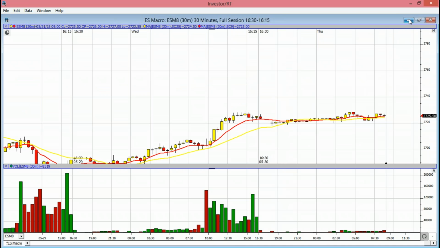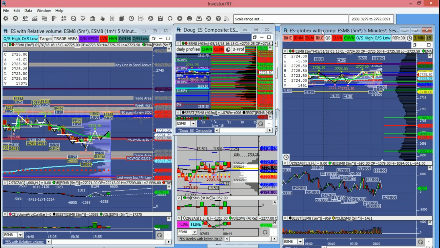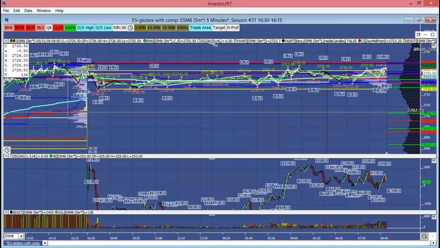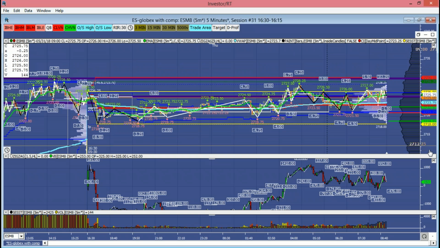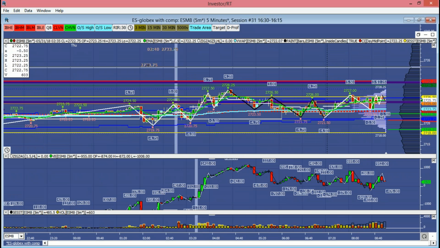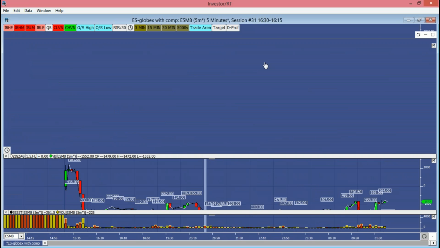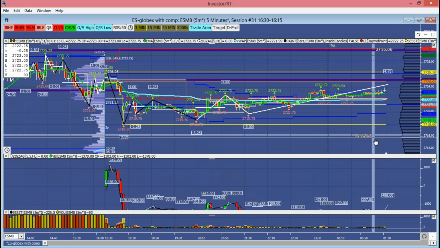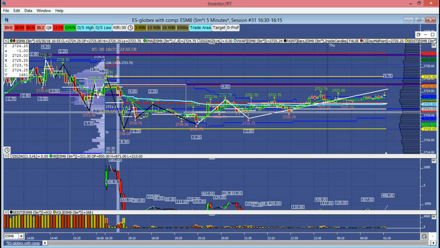Now, I want to show you something. I know it's a little bit off subject, but it's something that I always like to talk about. We had what we call a Globex gap, and these offer some very good trading opportunities. They're trading opportunities, not trading setups. In other words, it gives you a good direction to trade from.